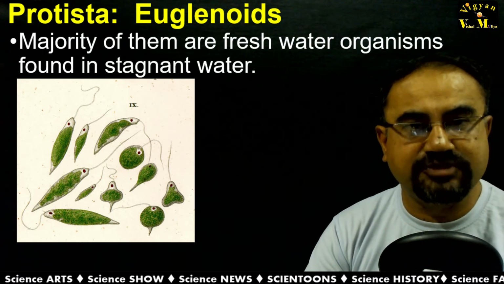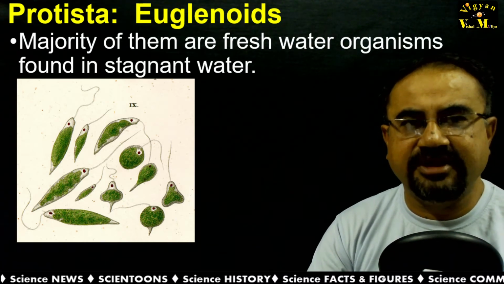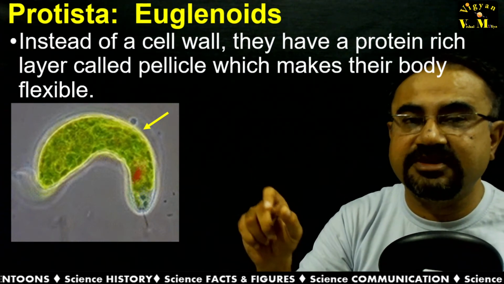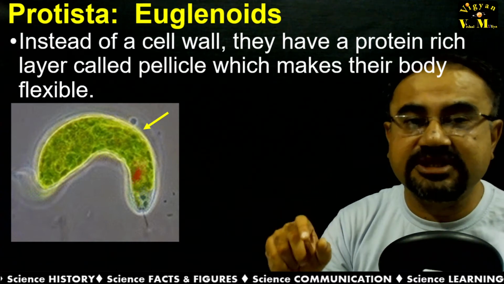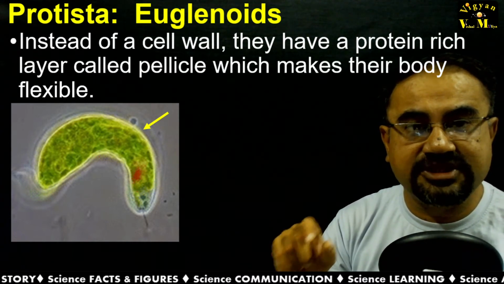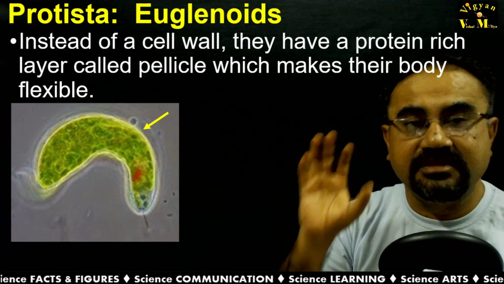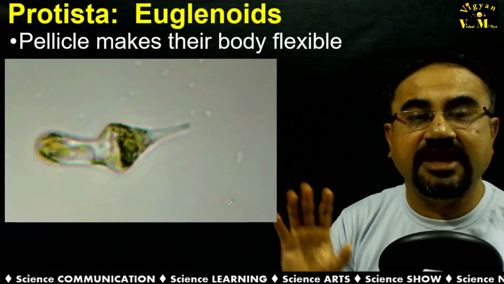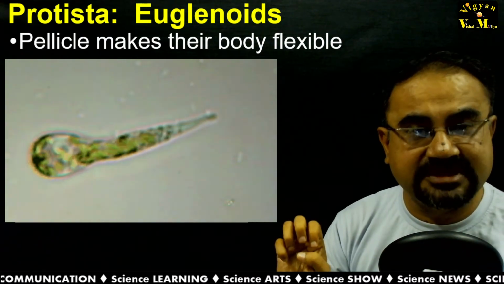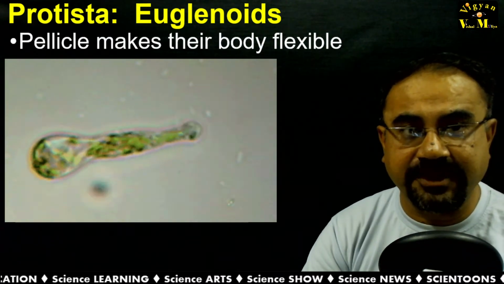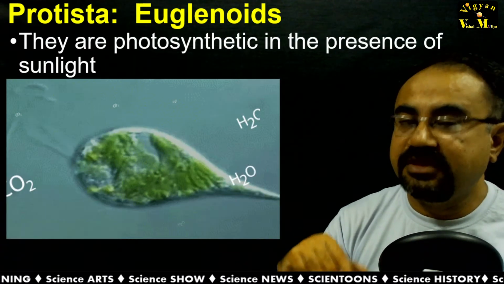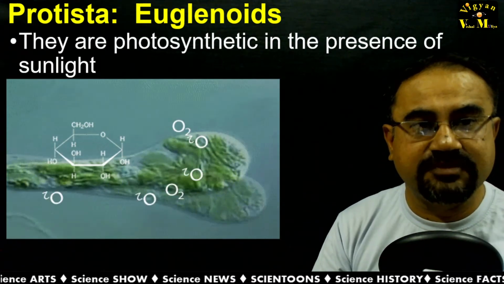Next is Euglenoids. These Euglenoids are mainly in fresh water. Generally they are found in stagnant water. They have a cell wall, but it is not exactly cellulosic; it is made up of a protein-rich layer, the pellicle, and because of the protein it is flexible in nature. This pellicle makes their body flexible, which helps in capturing prey. They have two flagella, one short and one long, and they can do photosynthesis in the presence of sunlight.